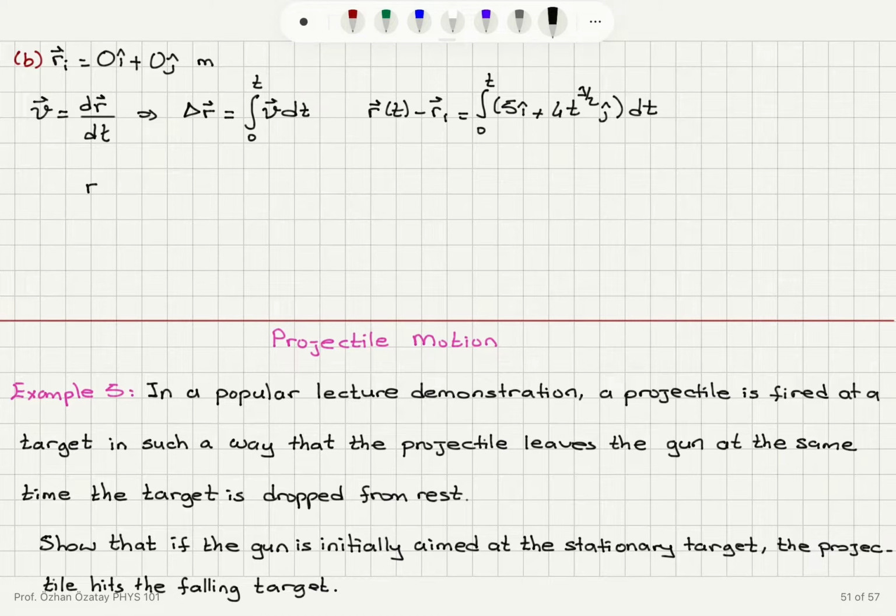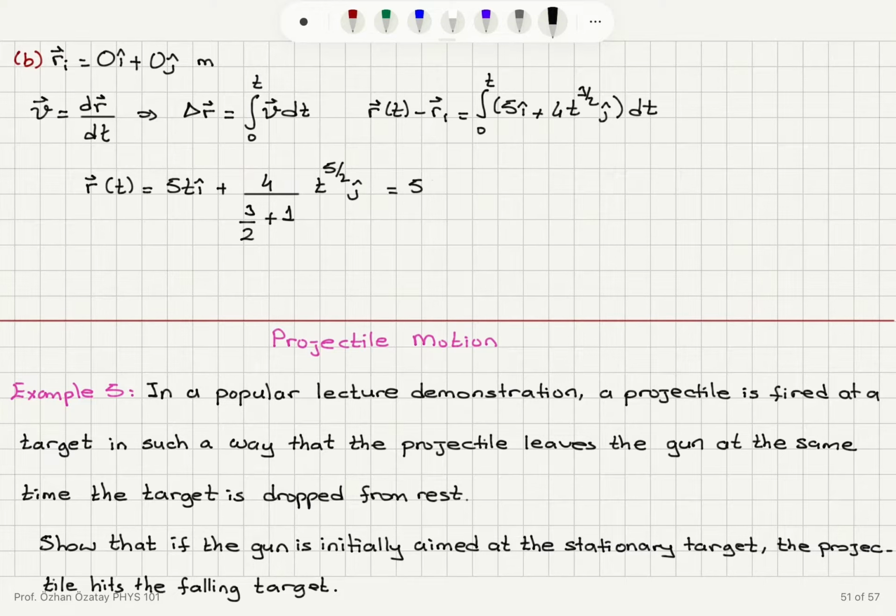So I can find r as a function of time to be 5t i hat plus, now taking the integral of t to the 3/2, 4 divided by 3/2 plus 1, t to the 5/2 j hat.